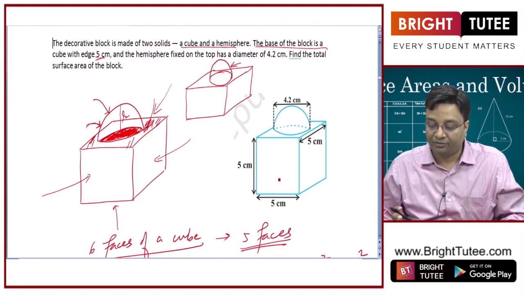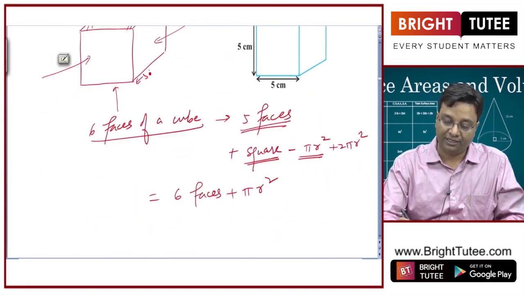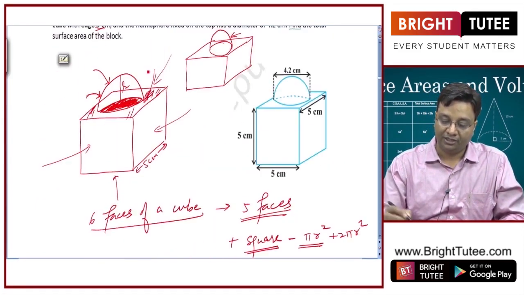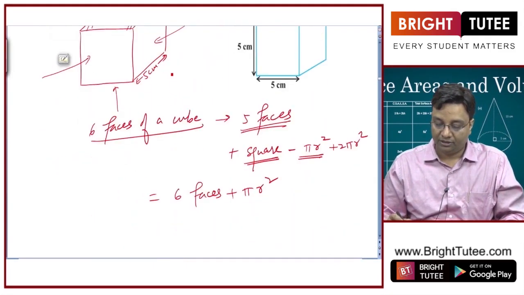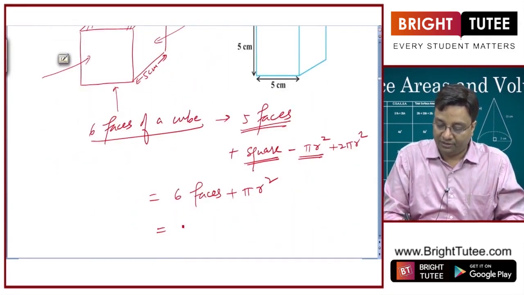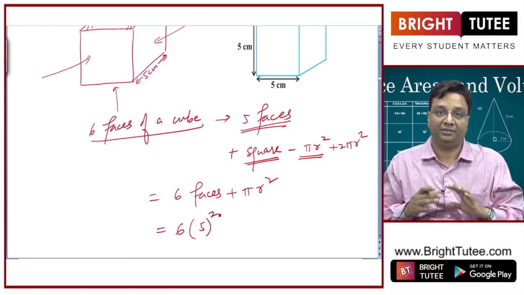The hemisphere has the diameter 4.2 centimeter and this has got edge 5 centimeter. So if this is diameter 4.2, then r will be 2.1 centimeter. So 6 faces are of 5 square area each, right? What is the edge length? 5 centimeter.